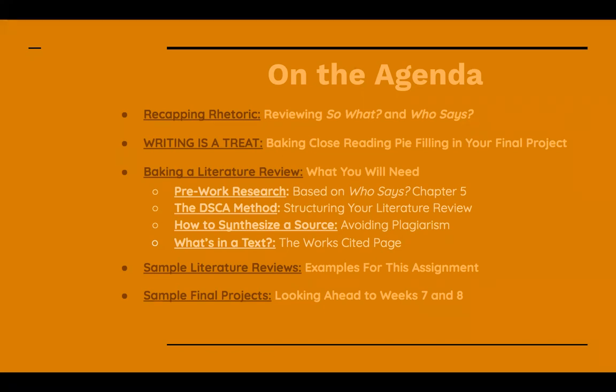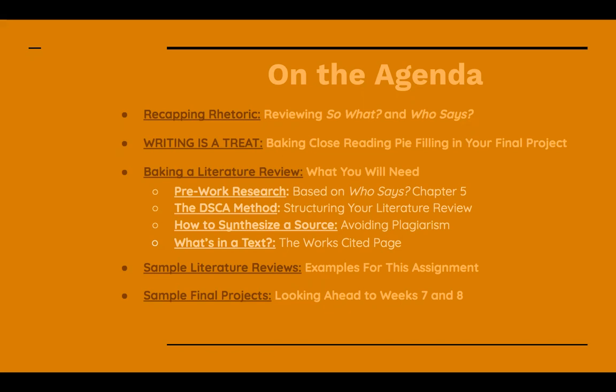I'm going to talk as well about the DISCA method of structuring your literature review. Folks who have had me as an instructor before know that I really rely on this method of DISCA that I've come up with for working on an annotated bibliography and a literature review. And so I'll talk about the significance of each of those letters, and we'll pair that, of course, with a recipe card that guides you through how to create your literature review.